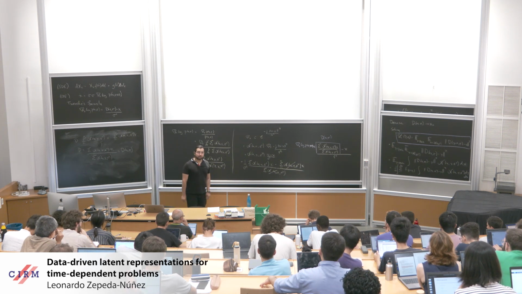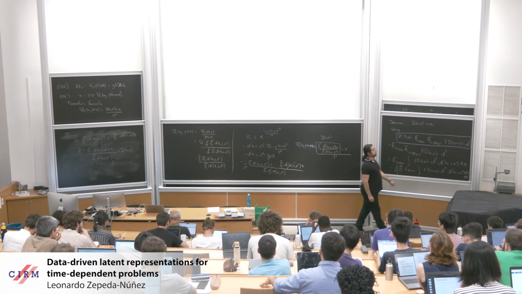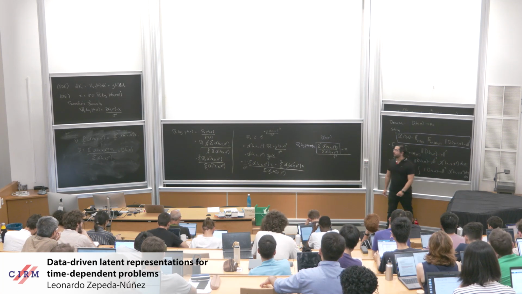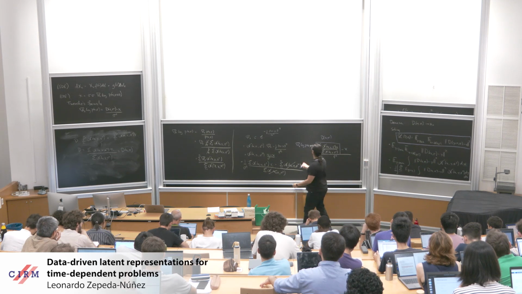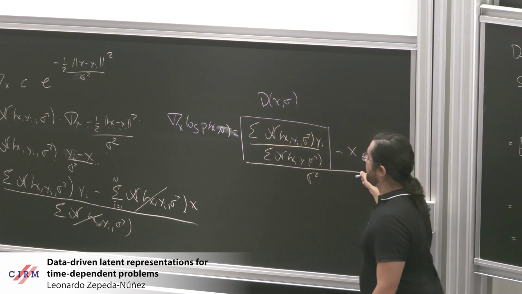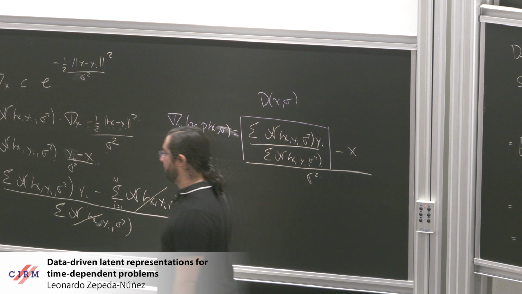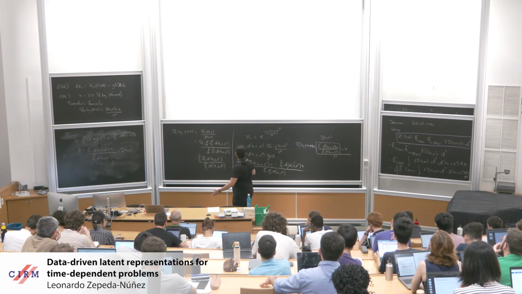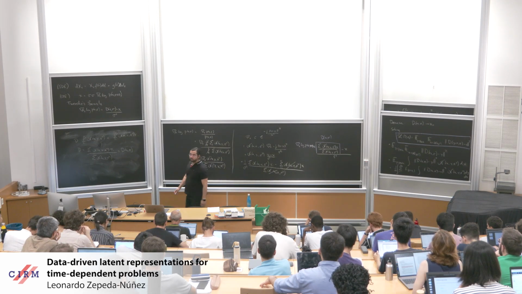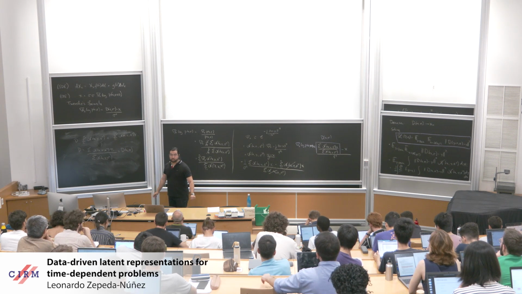You compute your denoiser using this, then compute your score function by using the 2D formula, and then you're done. Now you can have a diffusion model in a few steps. Well, it's not that simple, but in a few steps. Okay, questions?